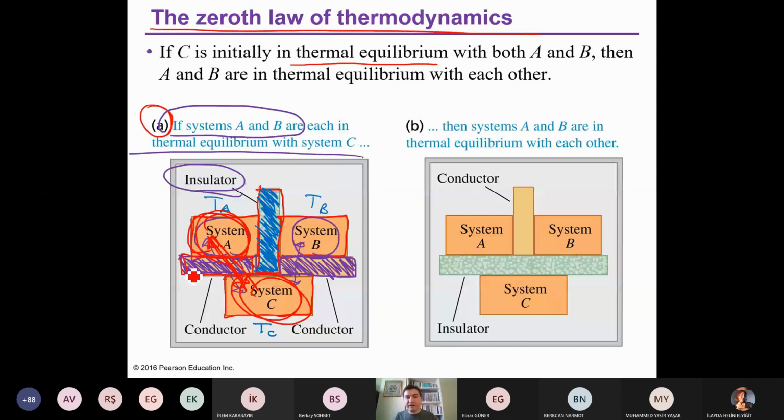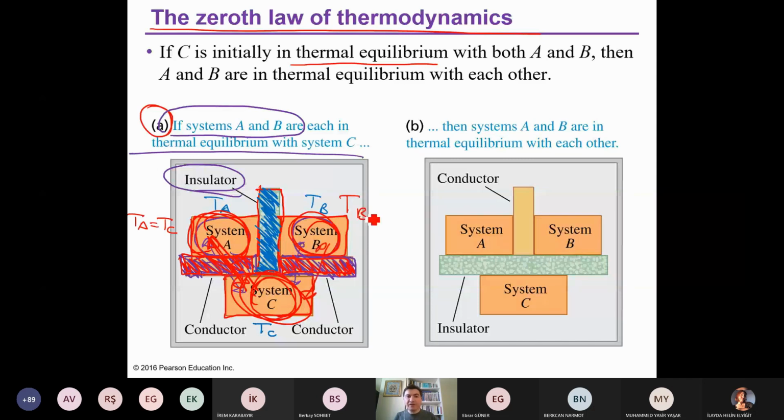What is the meaning of that? TA is equal to TC. And here on the right side, the system B and system C are also in thermal equilibrium. So here we have a thermal conductor. So they are in equilibrium. It means that TB is equal to TC.